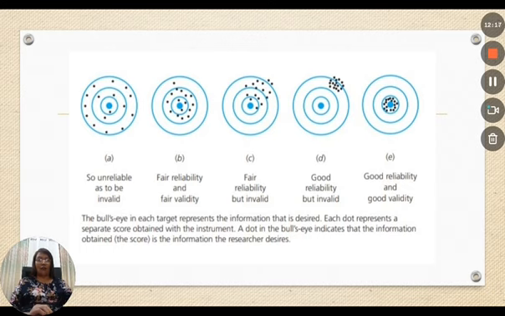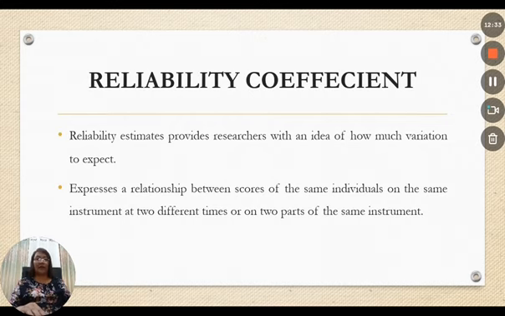If you don't, you are missing the center. It means the more you are off for that person, the farther you are from the center. Then we have reliability coefficient.